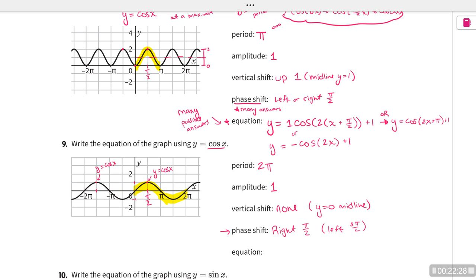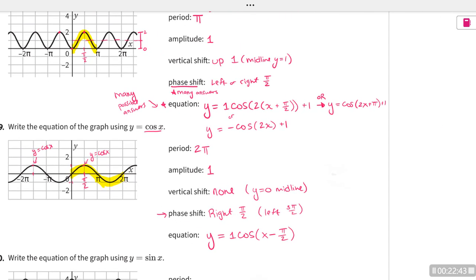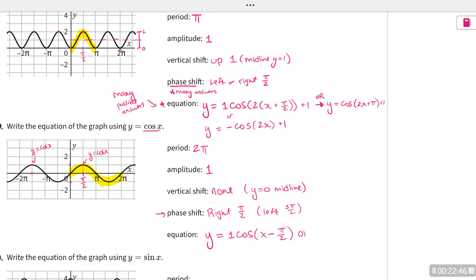So if I were to write this as a cosine equation, my equation would be y equals cosine of x minus pi over 2. I don't need to write the 1. And I would just leave it like that. Again, we can have multiple answers.